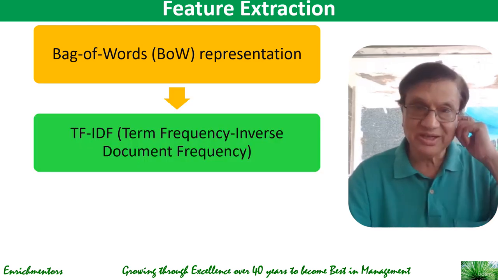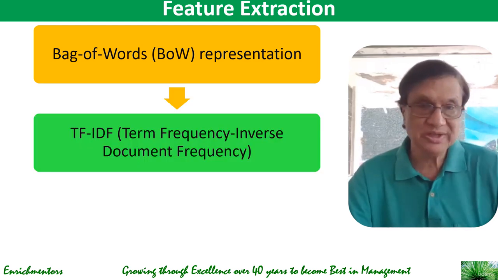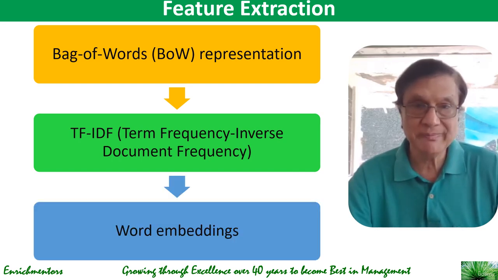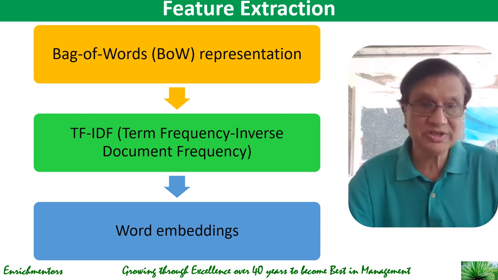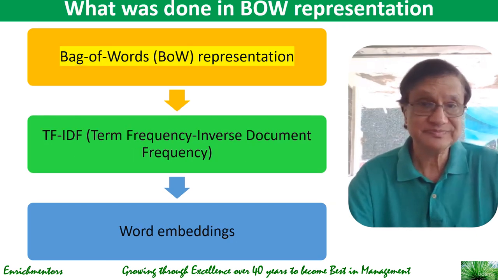Then they calculated the TF-IDF scores for each word in the document to measure its importance relative to the entire corpus of documents. And they used pre-trained word embeddings like Word2Vec and GloVe to represent words in dense vectors in a continuous vector space.